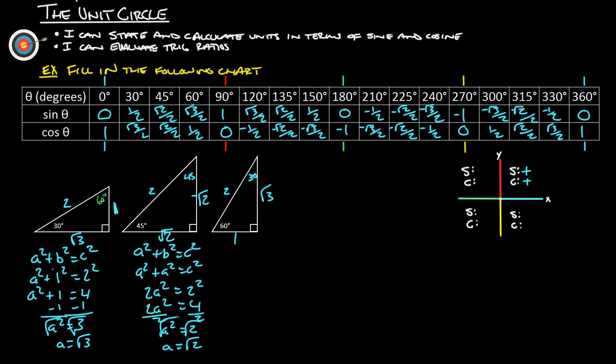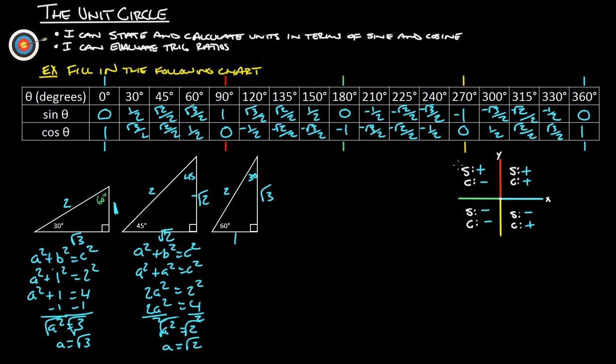And then between 90 and 180, sine is positive, cosine is negative. Between 180 and 270, they are both negative. And then over here in this last one, sine is negative, cosine is positive.